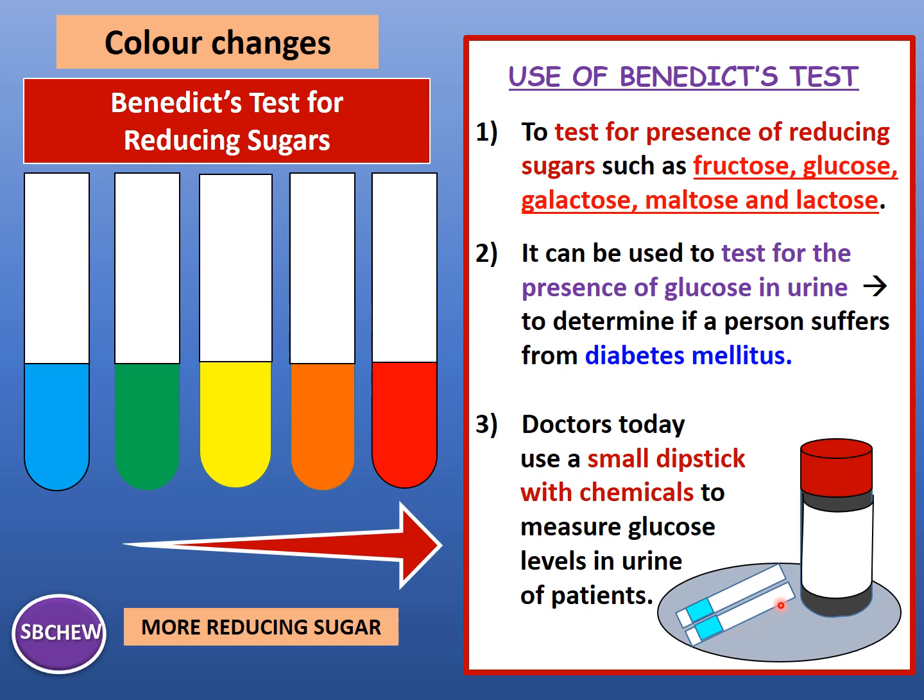These strips are just dipped into the urine samples, and the color changes will tell the doctor whether there is any glucose in the urine. You will be able to measure the levels of glucose in the urine. This is just an interesting fact for you to know.